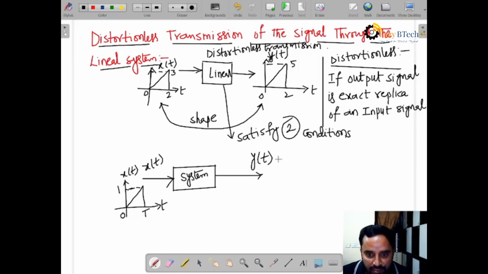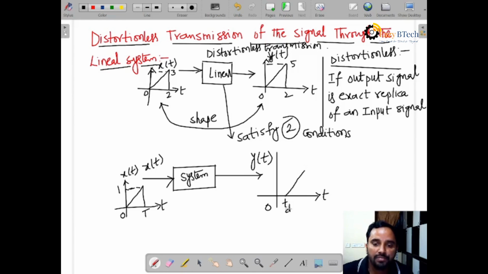Now let's consider the output is a distortionless output. So the output signal shape must be the same as the input signal. Distortionless transmission is what we are discussing. But the output starts from TD instead of 0. The input starts from 0, but the output starts from TD. The output comes some time late, and the amplitude is also increased to value k.